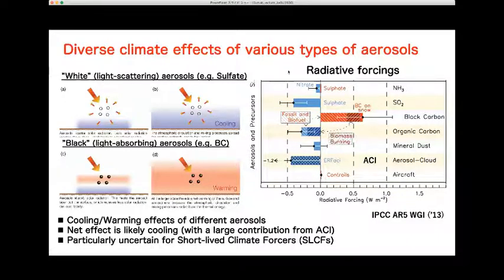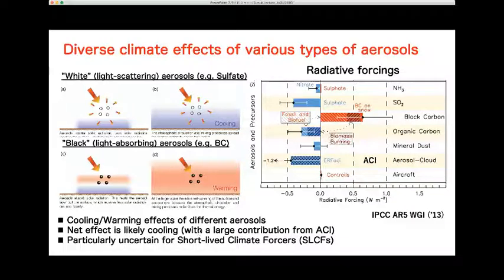That's highlighted on this right-hand side in terms of the radiative forcings, that is, the energy budget imbalances caused by these aerosols. According to our current knowledge, the net effect from all of these aerosols is likely cooling.